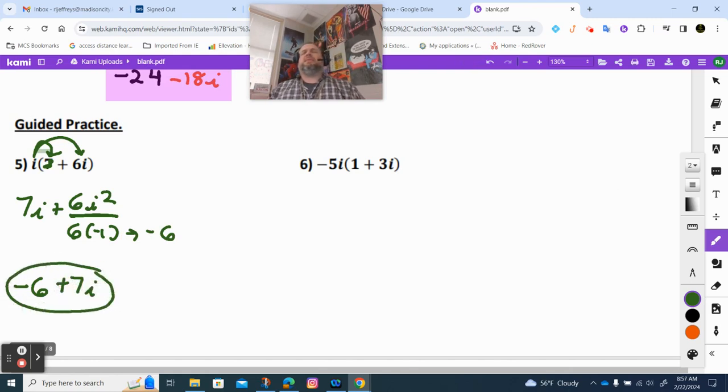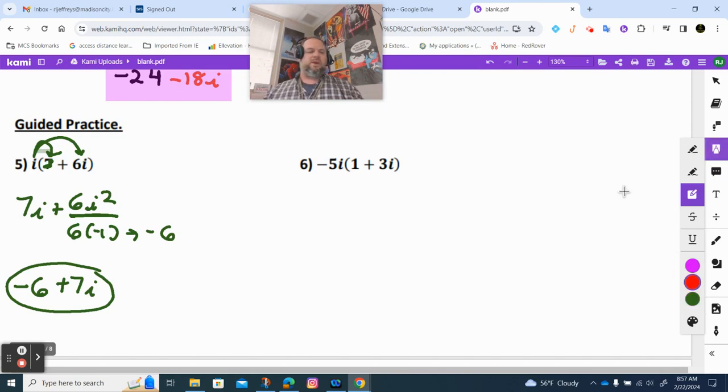that's it. Now, I can't remember if it was last semester or something, a student said, Mr. Jeffries, can you just say that when we have a number in i squared, it's just going to be the same number with the opposite sign instead of having to do all this?